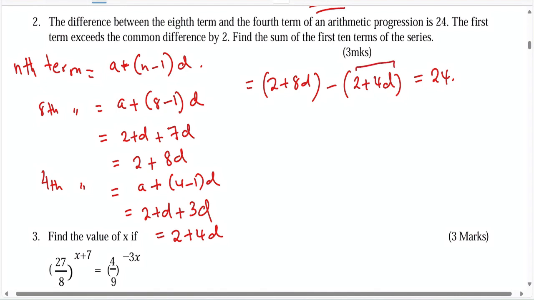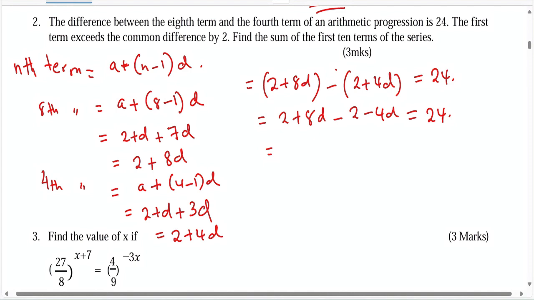So usije ukasahau kuweka hiyo bracket na alafu hizo signs zikabadilika all of a sudden. So if you open up the bracket 2 plus 8d, ile ukifungua bracket ya hiyo 2 plus 4d itakuwa minus 2 na ile plus 4 itakuwa ni minus 4d kwa sababu ya negative ambayo iko nje ya bracket. So minus 1 times 2 si ni minus 2 na minus 1 times 4d ni minus 4d equal to 24.